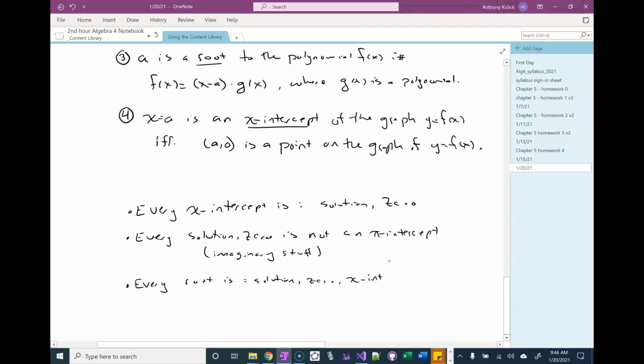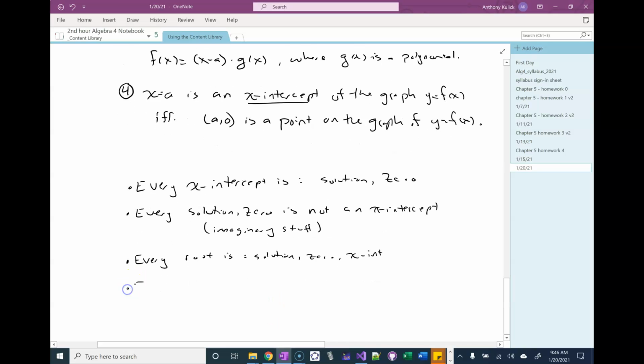So every root is a solution, a 0, and an x-intercept, but the reverse is not true.